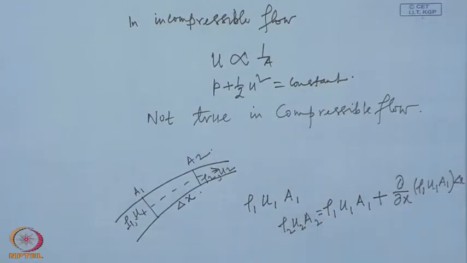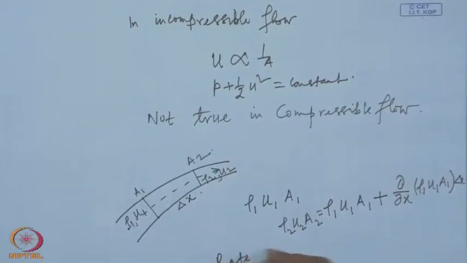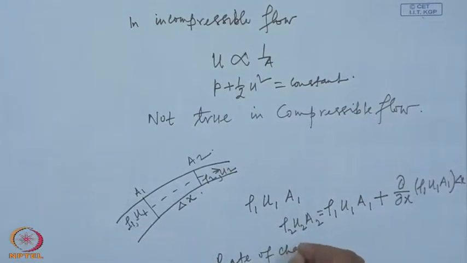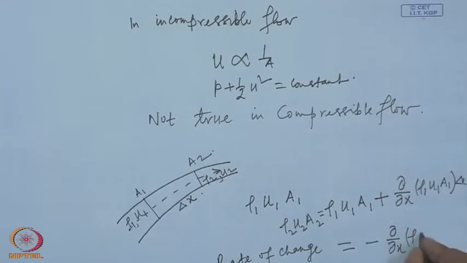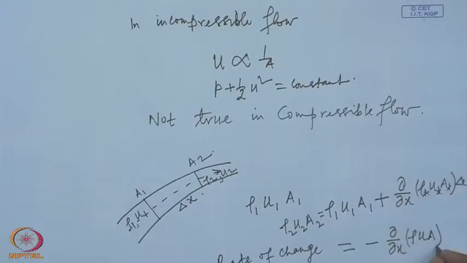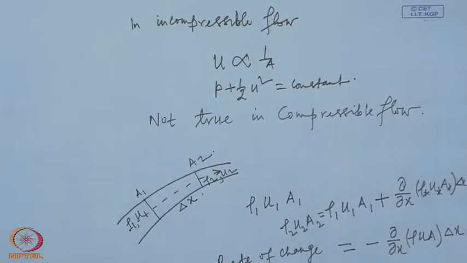So, the rate of change of mass flow over these two sections is given as minus d dx of rho u A into delta x.